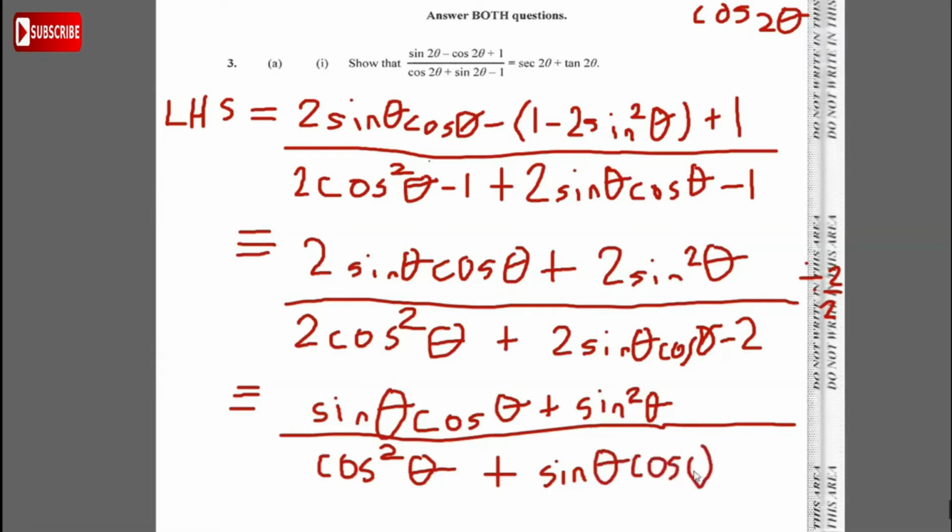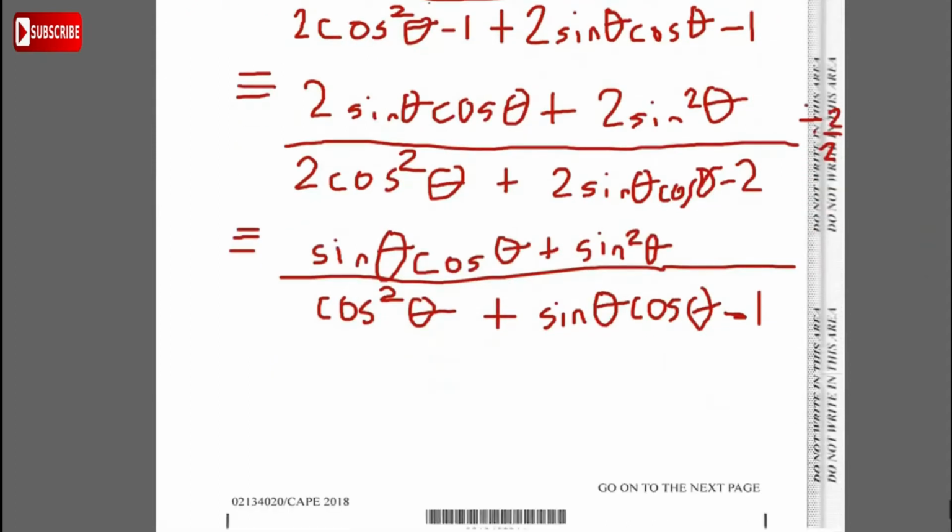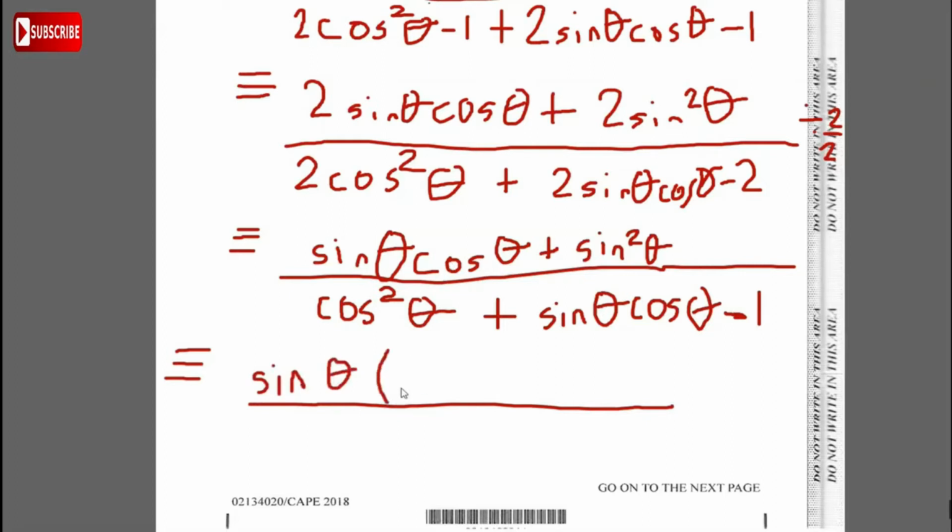Now, one thing I notice is that I see a minus 1 here, but I know that 1 is sine squared theta plus cos squared theta. So I'm going to replace 1 with sine squared theta plus cos squared theta so that everything is in terms of sine and cos. In the numerator, I'm going to factor out sine theta, and what I'm left with is cos theta plus sine theta.